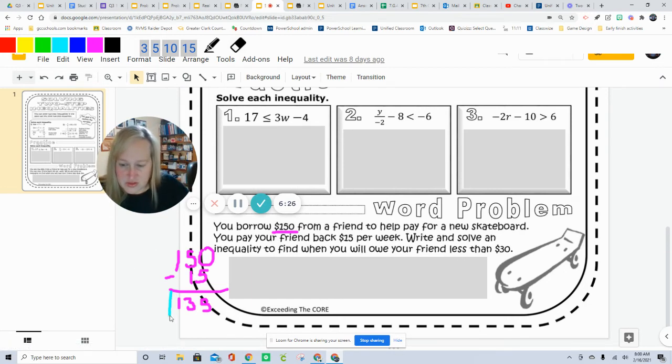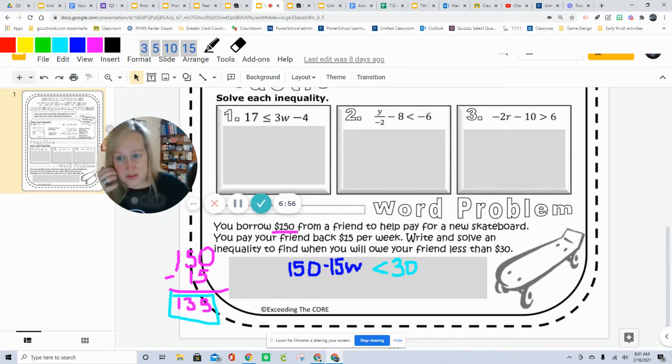The answer that they want is, when is this number less than 30? Okay, so less than 30 would mean it needs to point this way, and the 30 goes there. So I take the original debt, and I'm going to subtract 15 for every week that they get paid.